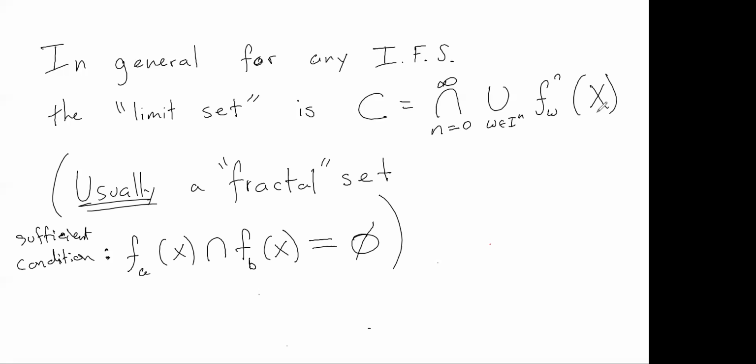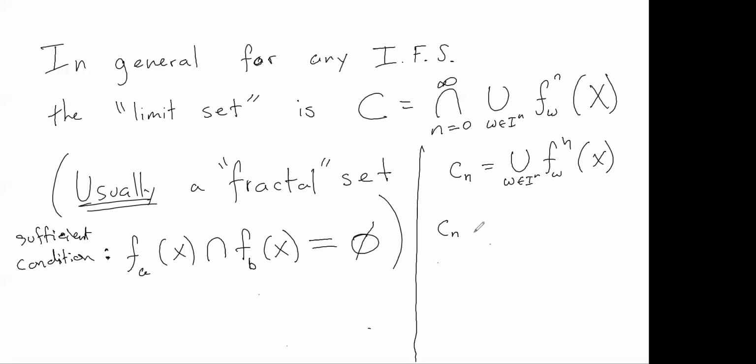So it's the limit set because we have this sequence of sets, Cn equal to the union over omega in In of F omega x. And it's a decreasing sequence in the sense that Cn will contain the next one, Cn plus 1. And in a certain sense, when you take the intersection, it's like taking the limit of the sequence.